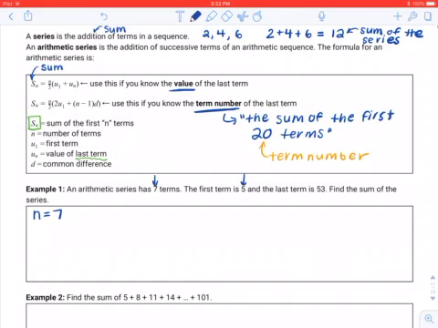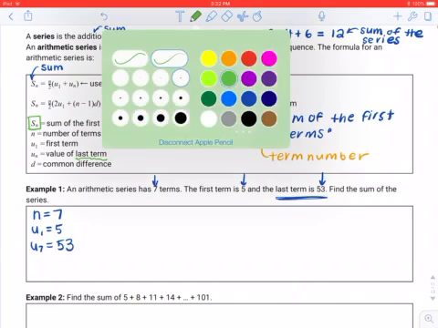The first term is 5, so u1 is going to equal 5, and the last term is 53. So u7, the value of the last term, the 7th term, is 53. So if we look at this question, we know the number of terms, we know the value of the first term, and we know the value of the last term.